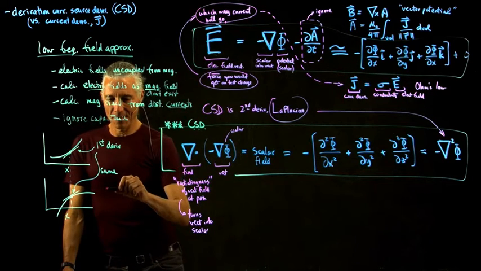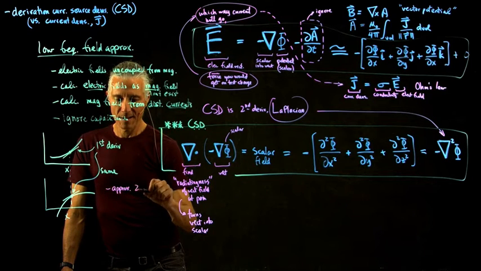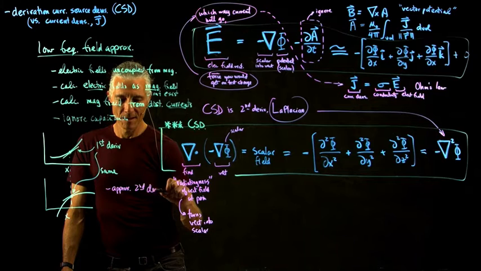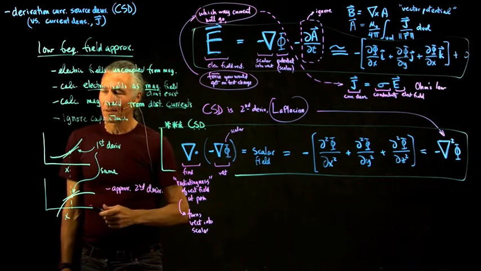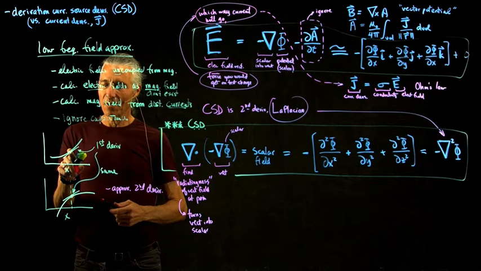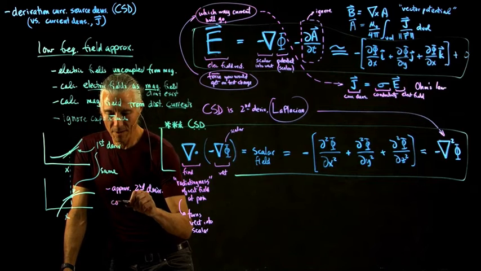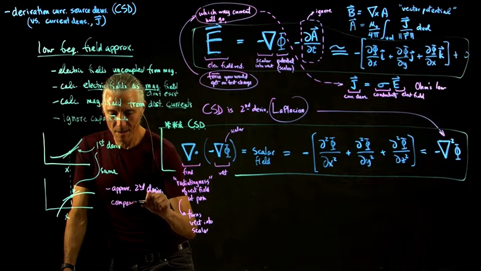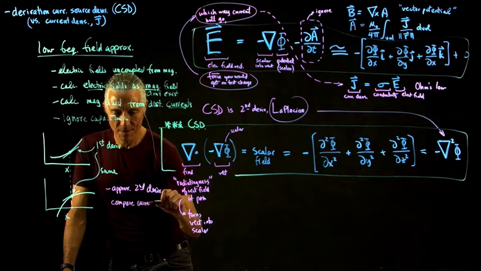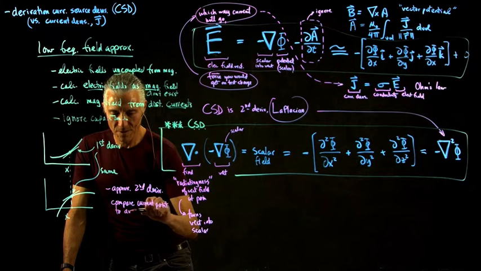So the approximate second derivative is basically: compare your value to the average of the neighbors. So, compare the current point to the average of neighbors. Compare meaning subtract.